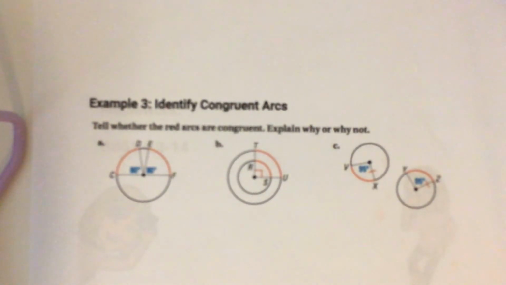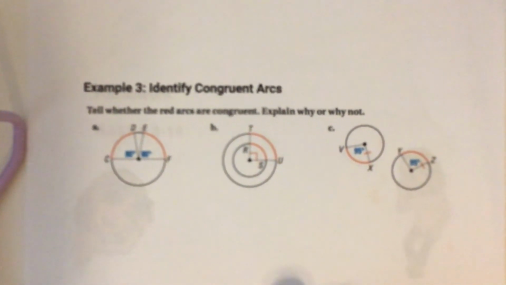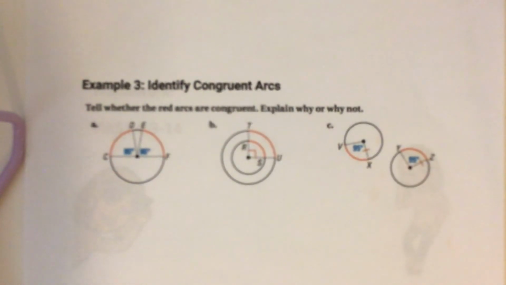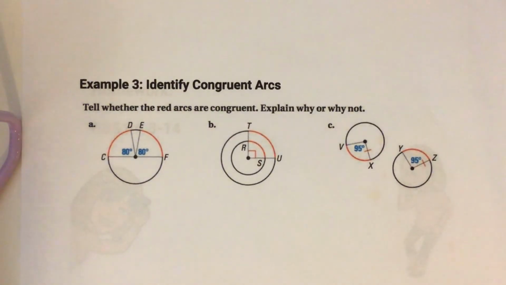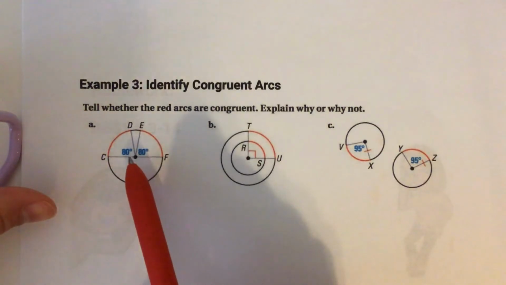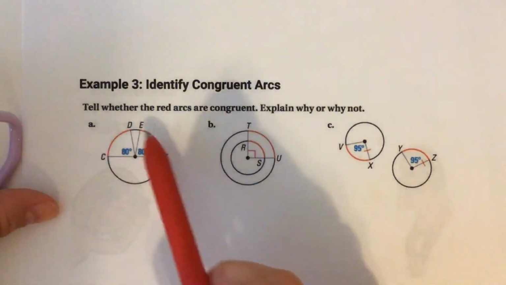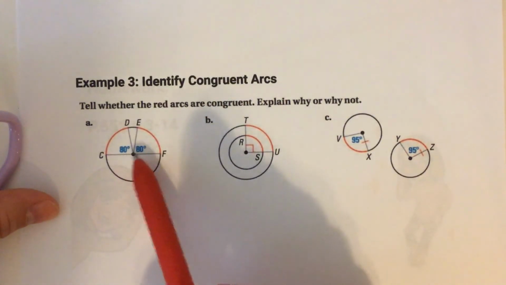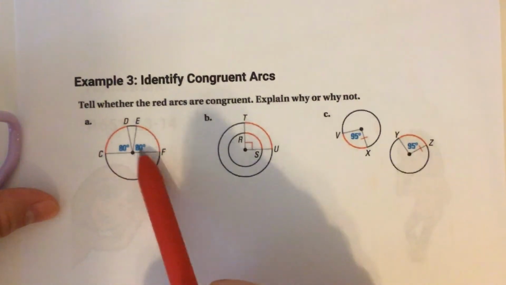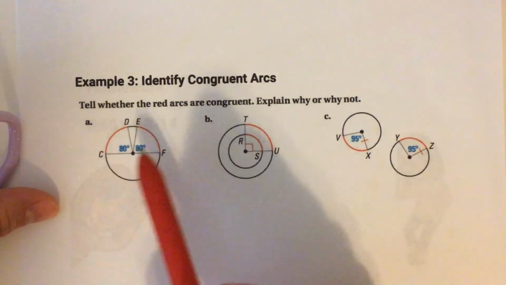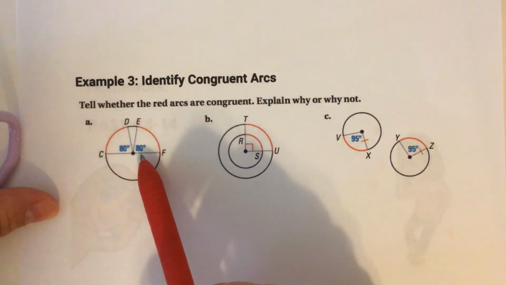Okay, tell whether the red arcs are congruent or not. And we really don't need to write out the explanation, we can kind of just talk out the explanation here. There we go. Okay, so we're seeing if CD is congruent to EF. We can see they're both 80 degrees because they give us that measurement right there, and they are part of the red circle.